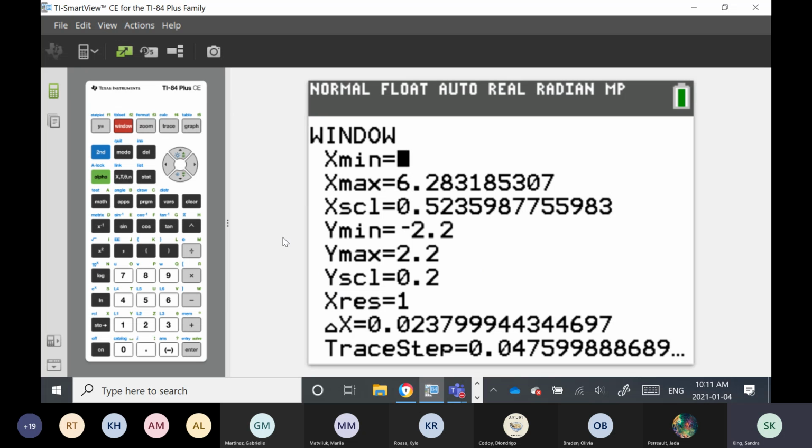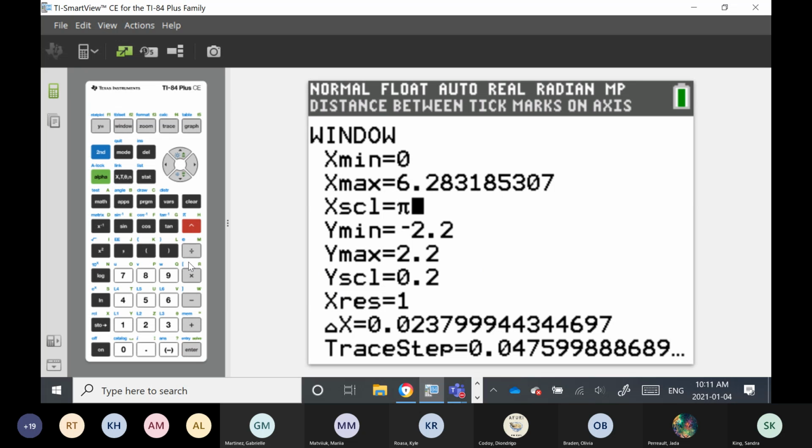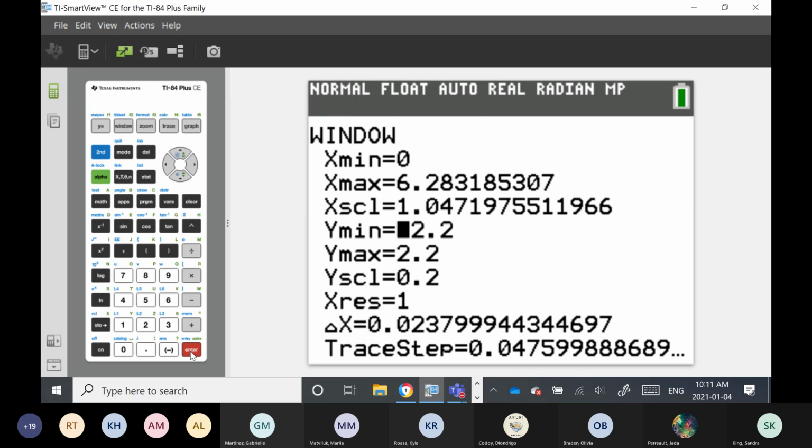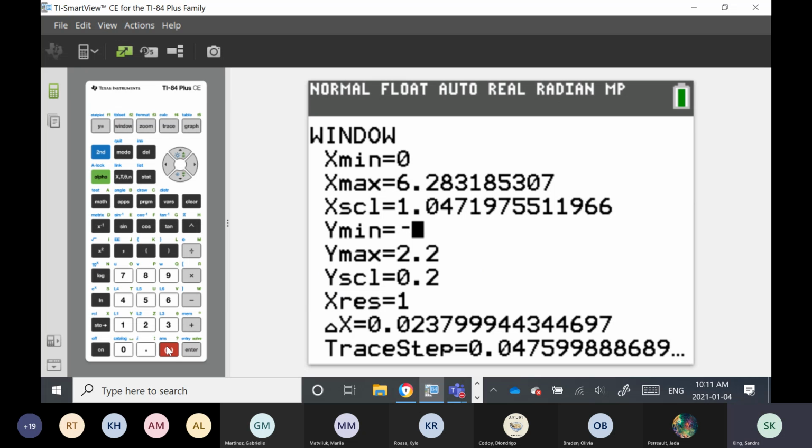Let's go from 0 to 2 pi, and let's have our scale be pi over 3, it doesn't really matter. Then for amplitude, what I want to show you, let's go from -5 to 5. So -5 for your min, 5 for your max, and a scale of 1.